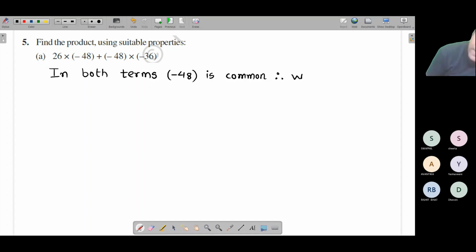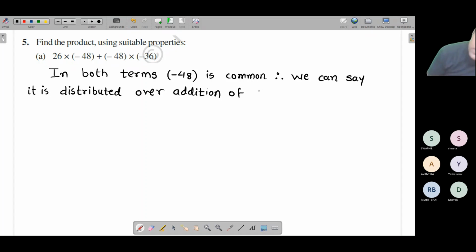Therefore, we can say it is distributed over the addition of what remaining numbers? 26 and minus 36.